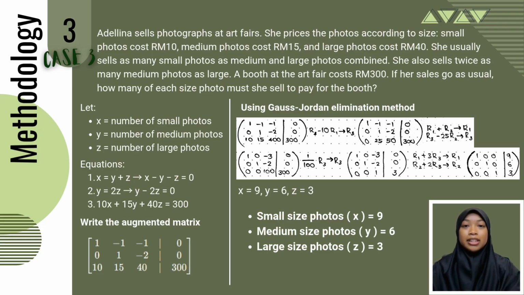Using the Gauss-Jordan elimination method, we use suitable row operations to get the matrix in RREF. The answer we get is x equals 9, y equals 6, and z equals 3. We can conclude that the number of small photos is 9, the number of medium photos is 6, and lastly the number of large photos is 3.